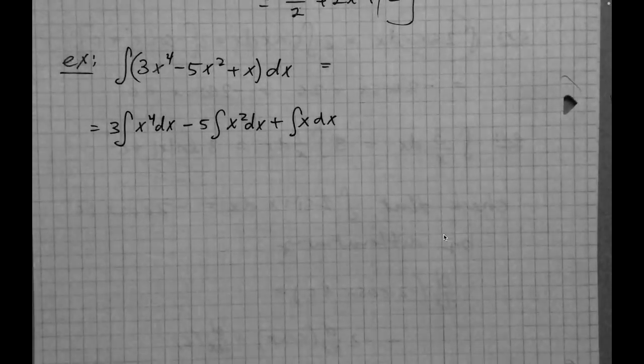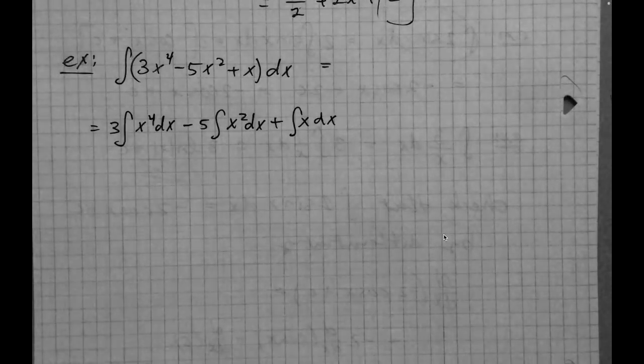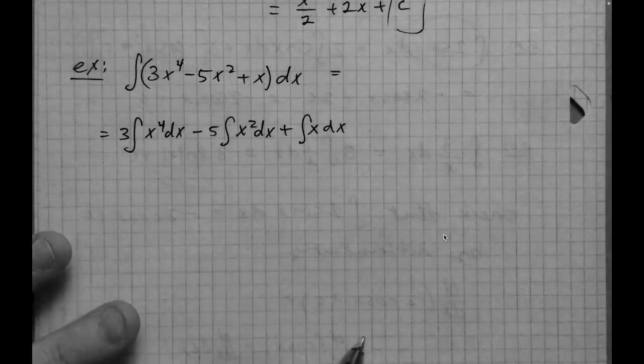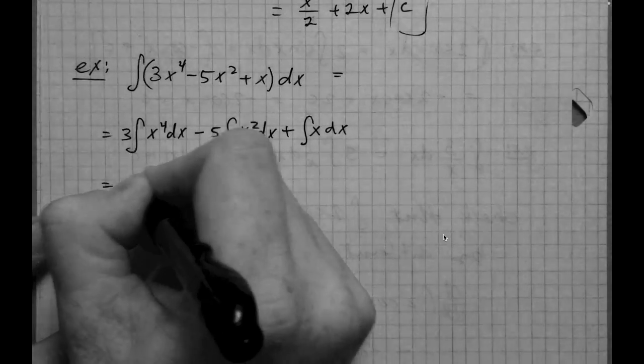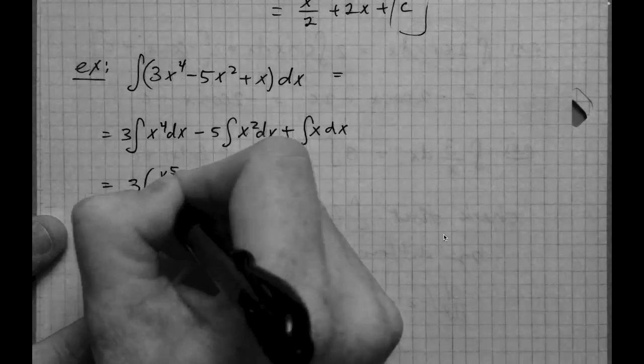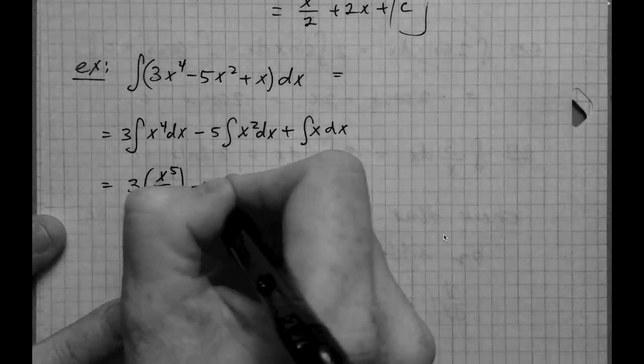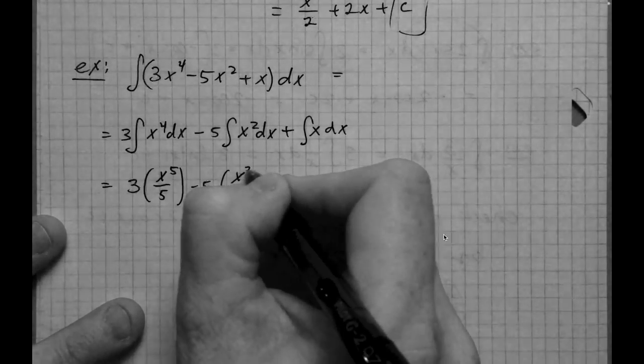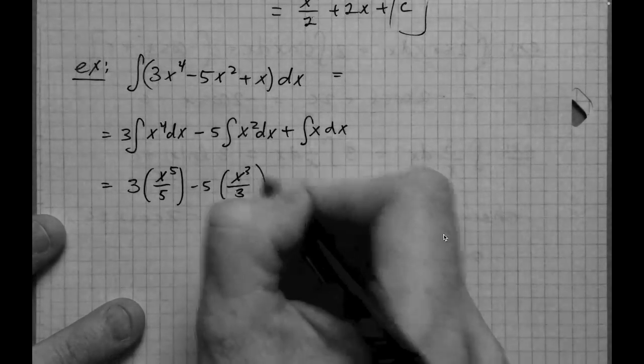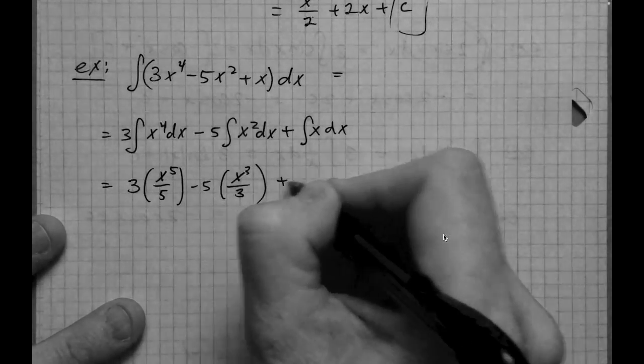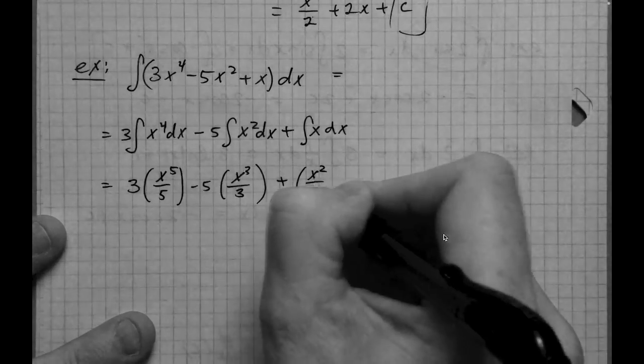Okay, so we can break it down just kind of like we did with derivatives and polynomials, basically the same properties. And so this would be 3 times x to the fifth over 5, minus 5 times x to the third over 3, plus x squared over 2, right?